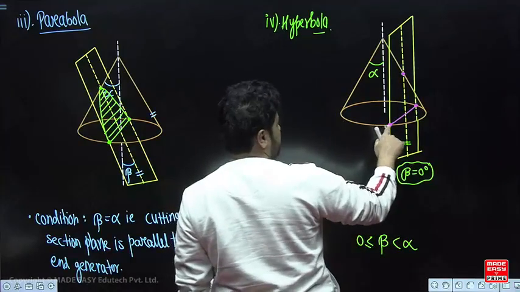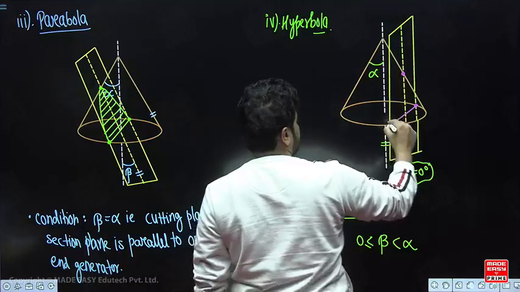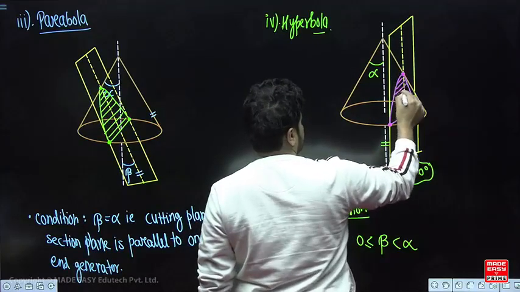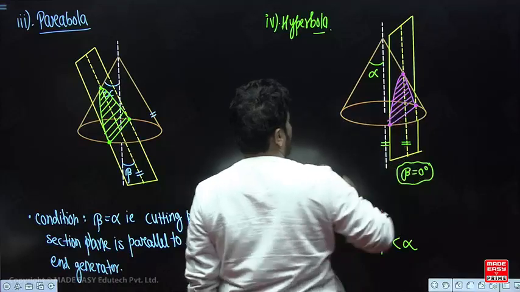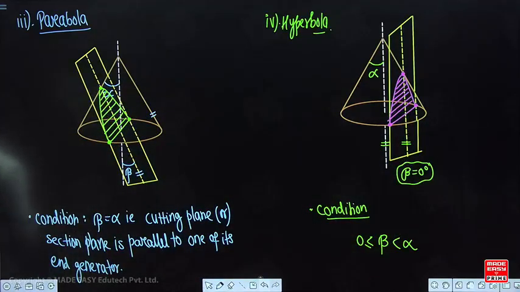So एक point यहाँ पे base को cut कर रहा है, one is vertically opposite and there is one point, so there will be a smooth curve. This is the hyperbola. I hope things are clear.